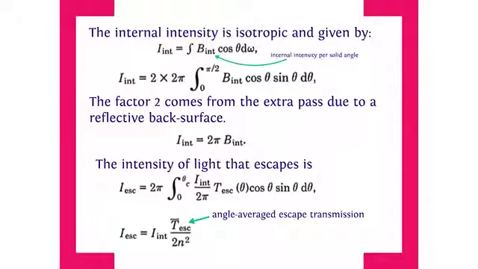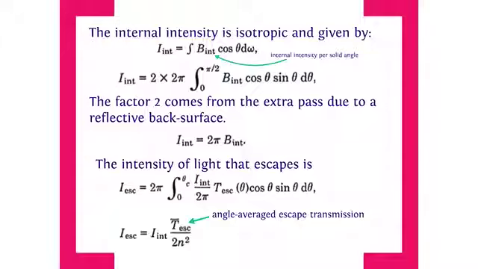The integral is also exactly the same as before. You end up with a very similar expression. I escape, how much intensity of light has escaped, is the internal intensity divided by 2n squared. You can remember that this comes from the previous expression we talked about, 4 pi over 2n squared. The probability of the escape cone comes from that.